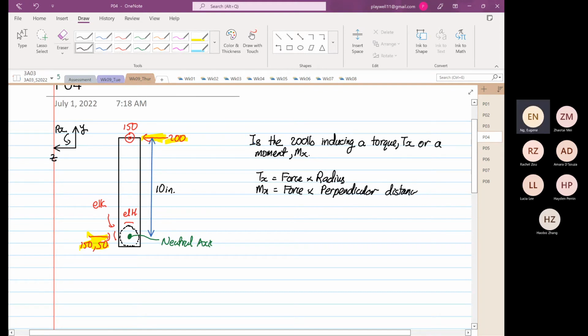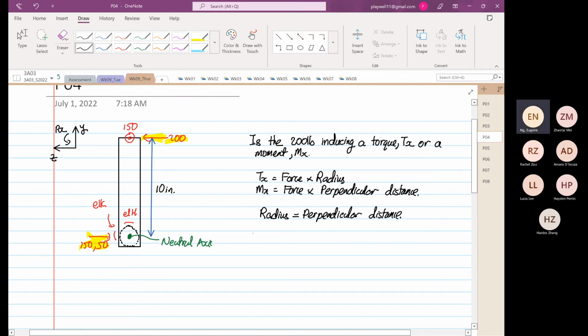A lot of times students get confused, and I also get confused, the radius is also in fact equal to the perpendicular distance, right?